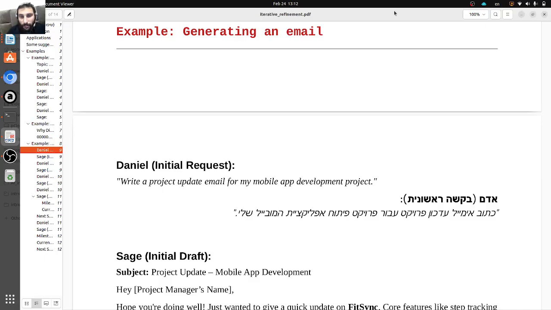And I want to note here that in this example, we are going to see the full power of the technique, as we're going to observe how the email improves from one iteration to the next, and the tremendous qualitative difference between the final version and the initial version.